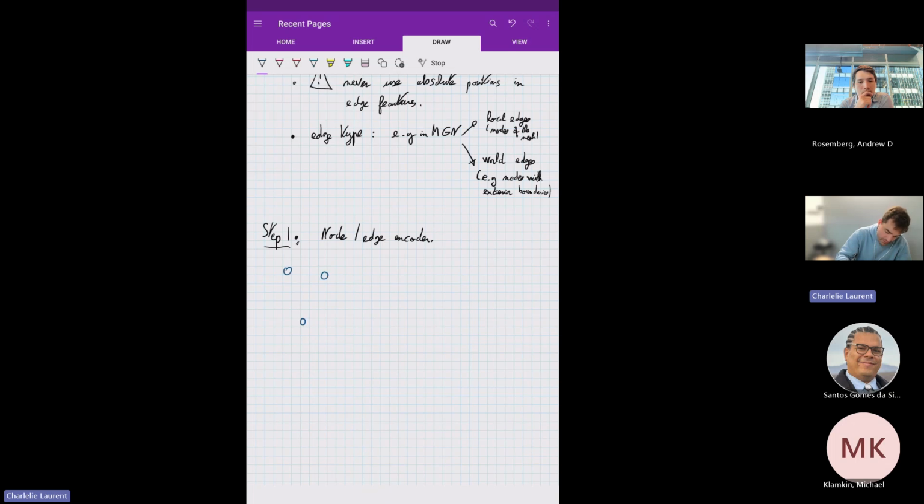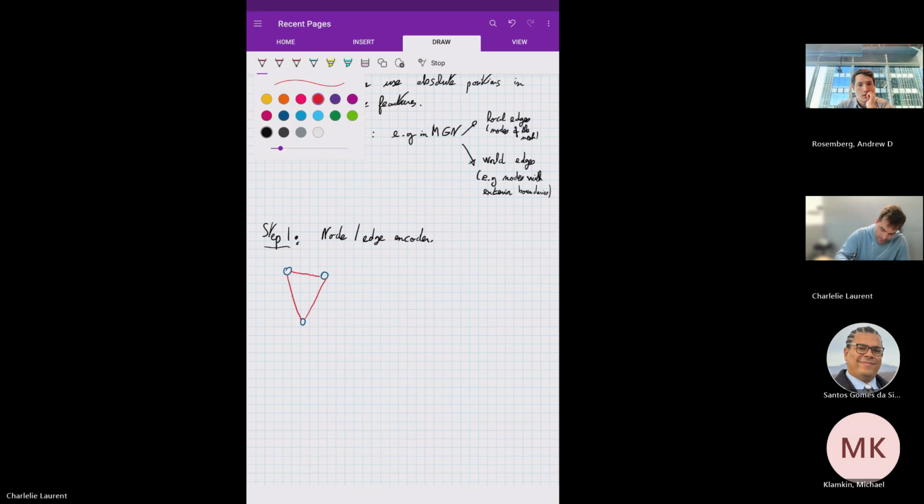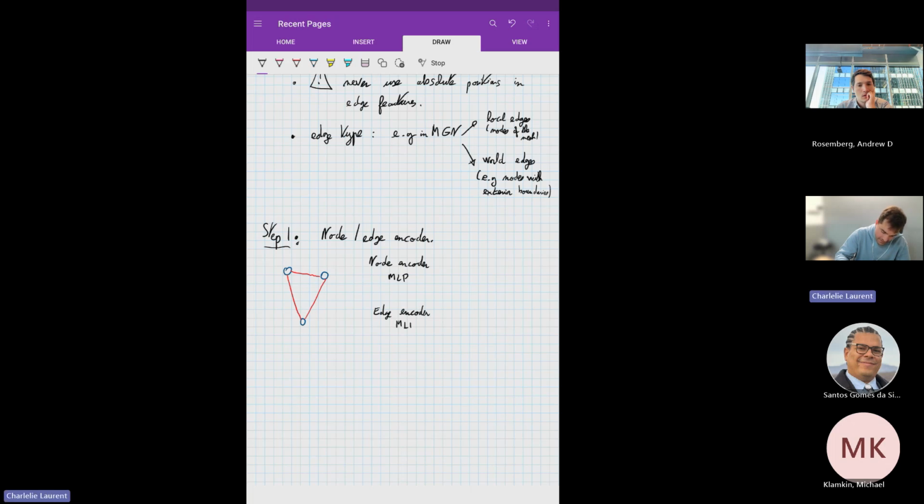You have your bunch of nodes there, and you have a node encoder, usually just an MLP. You have an edge encoder, usually also just an MLP, nothing crazy.